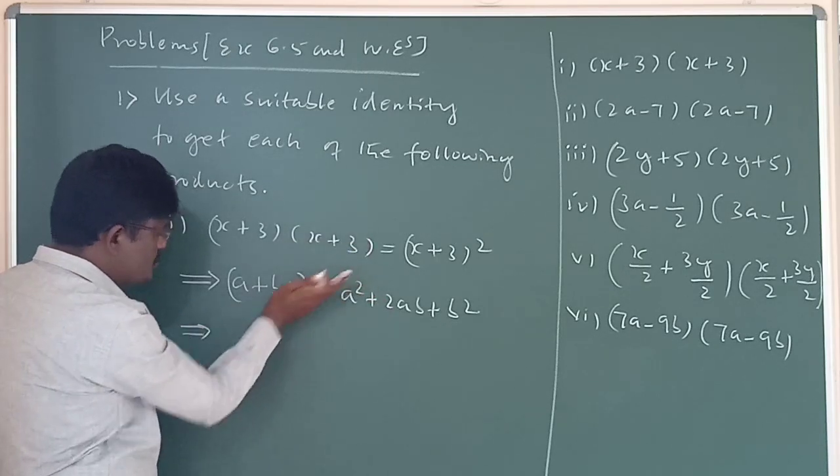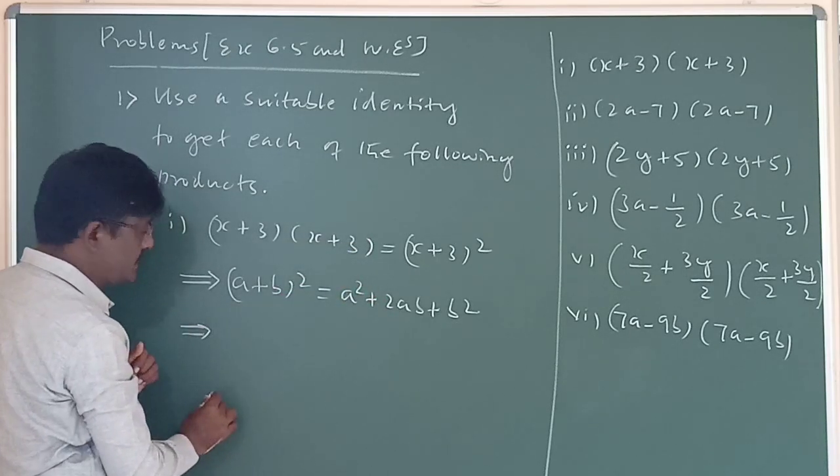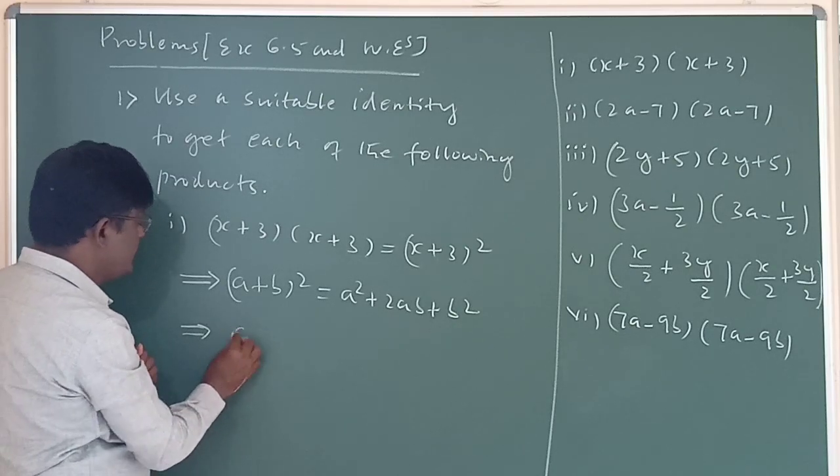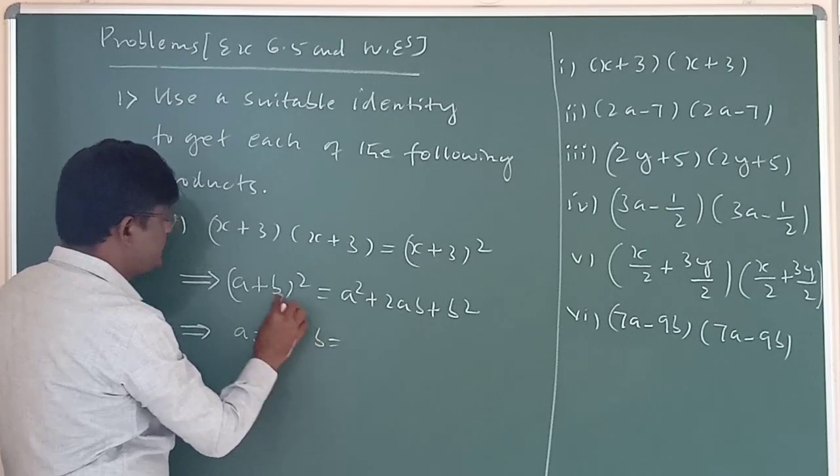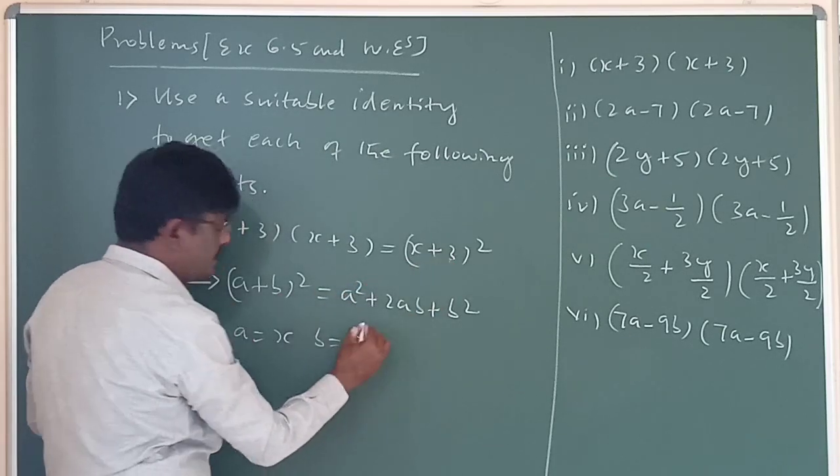Now from these two, we can take a is x, b, the second term, is 3.